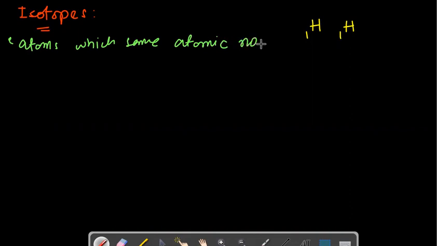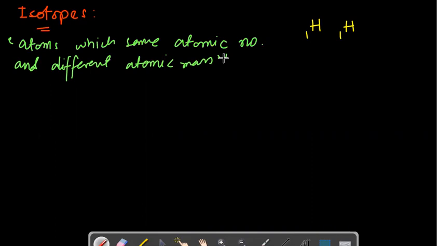Now the thing that comes to mind is that if they have the same atomic number, they should be the same. Why do they have different properties? So the thing which distinguishes them is their atomic mass. So the atoms with the same atomic number and different atomic masses or mass numbers are known as isotopes.